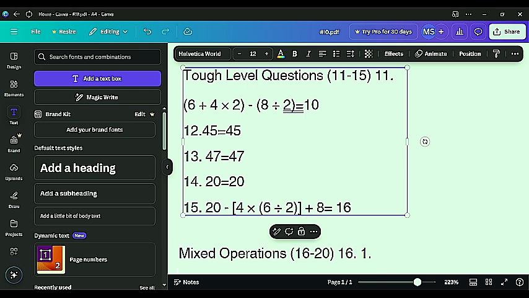Okay, after that, this is 20. We have to solve bigger bracket first. So smaller bracket first because it will make confusion. So gives us 3. Well, no need for this bracket.